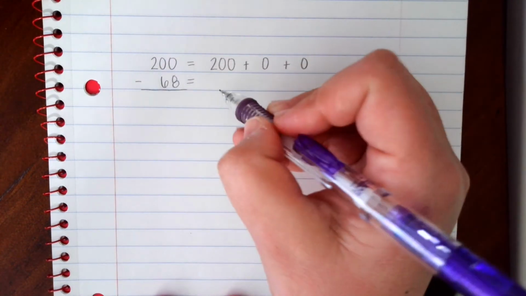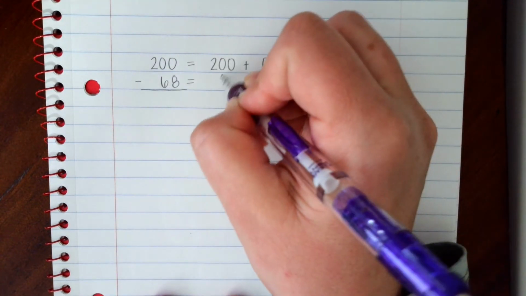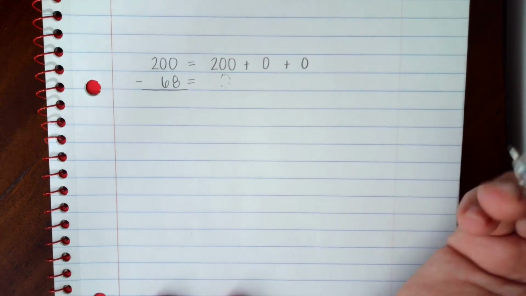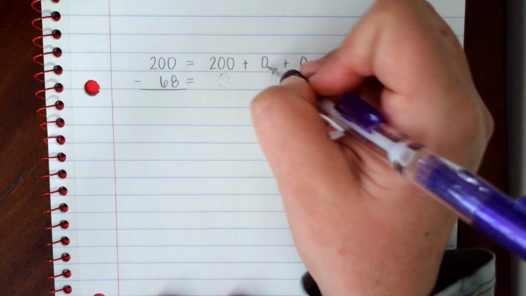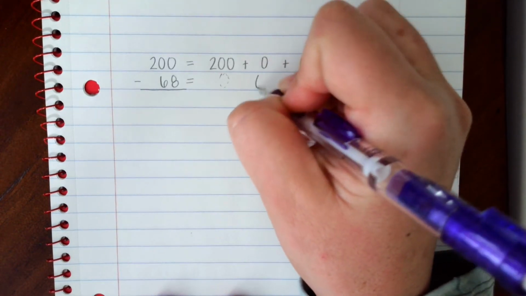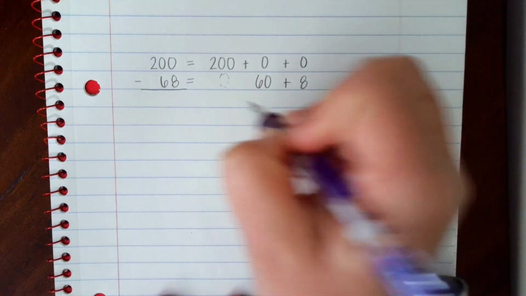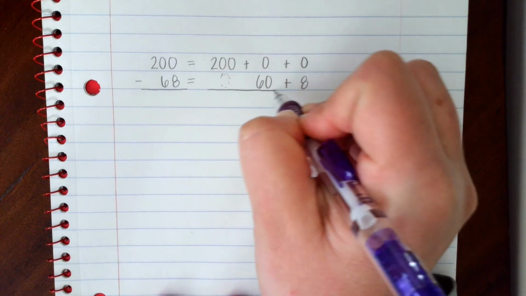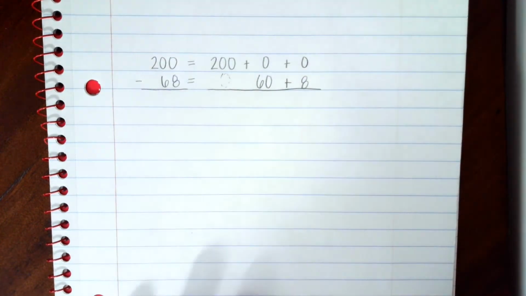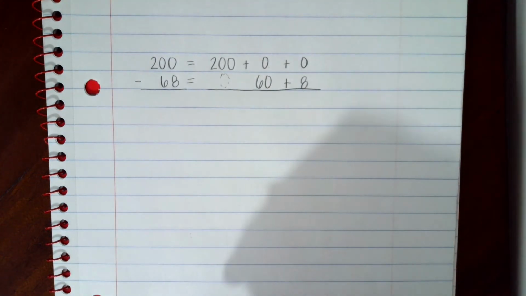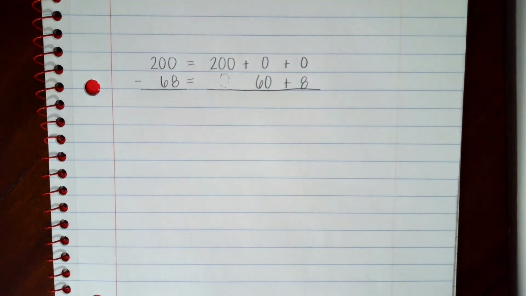So I have 0 hundreds. If it helps you, write a 0 right there. I have 6 tens, which is a value of 60, and I have 8 ones, which is a value of 8. So what we're going to do now is subtract.